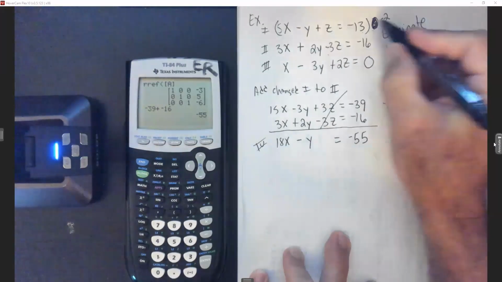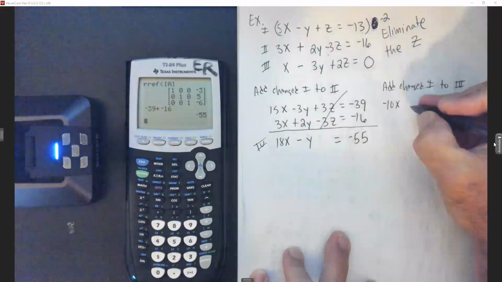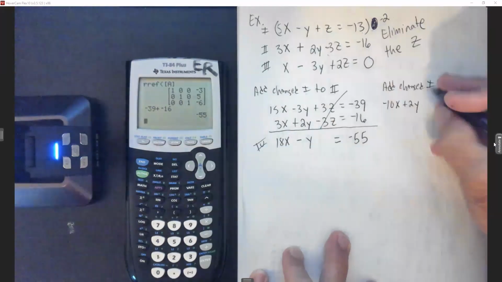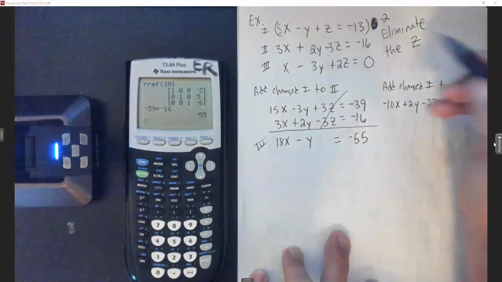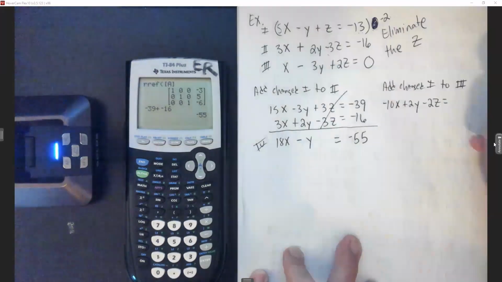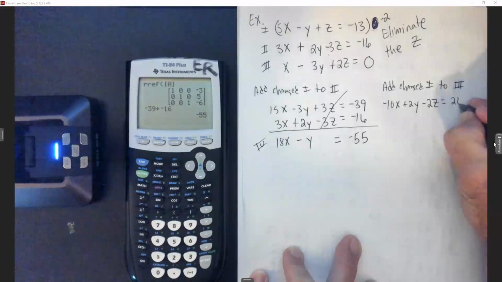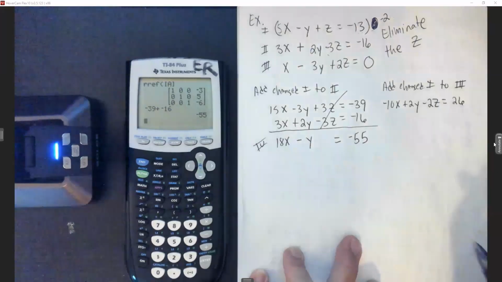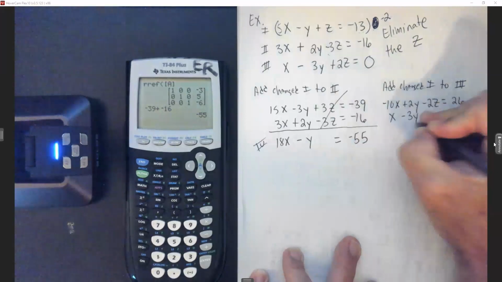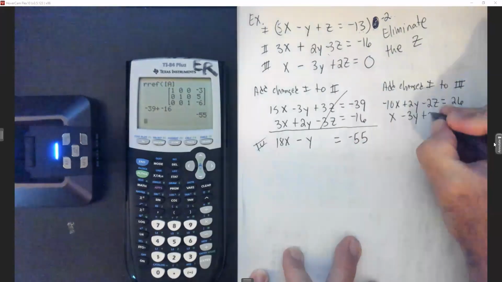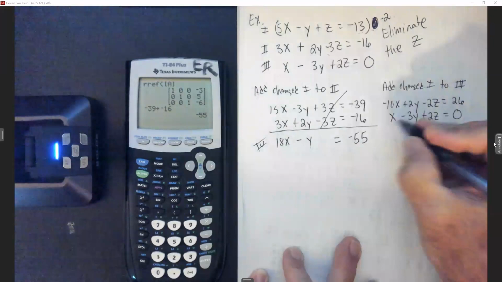So I'm going to change 1 by multiplying by negative 2, so I get a negative 10x. Negative times negative makes that a positive 2y. Negative 2 times z is a negative 2z. And then negative 2 times negative 13 is a positive 26. Now let's bring down this row. X minus 3y plus 2z equals 0.